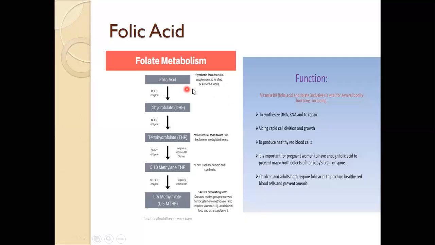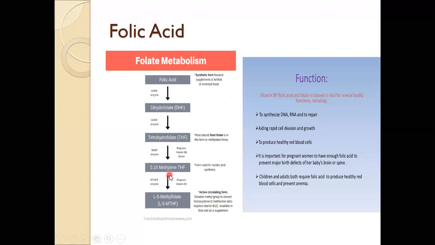اوكي, so as we can see here that folic acid is converted to dihydrofolic acid, tetrahydrofolic acid, methylene, and methyl tetrahydrofolic acid, tetrahydrofolate. This is the active form, methyl folate. And you can see here that folic acid is capable of transferring one carbon moiety.